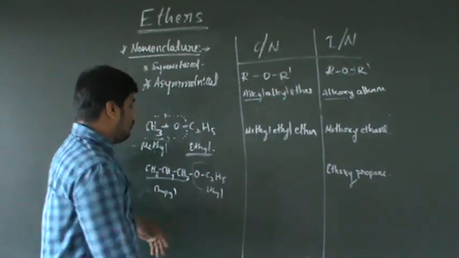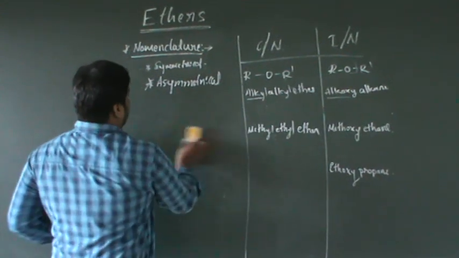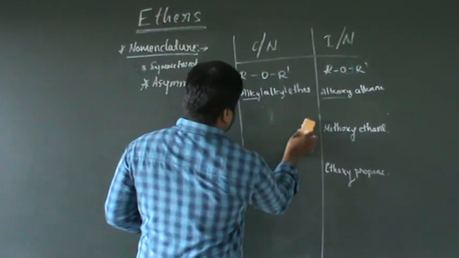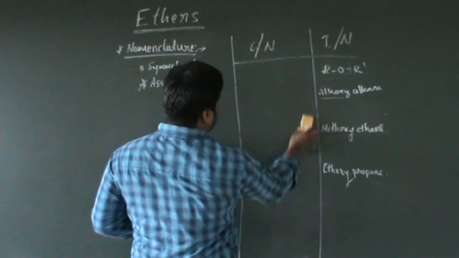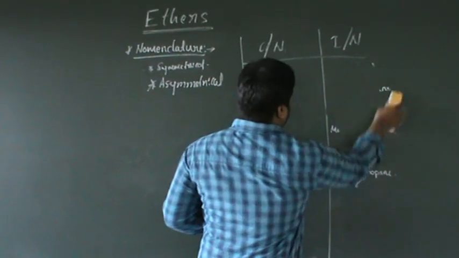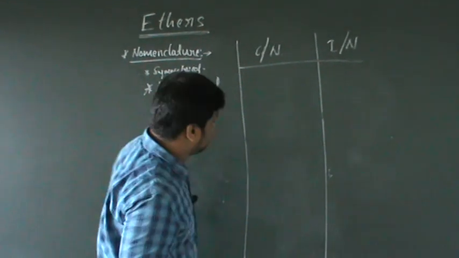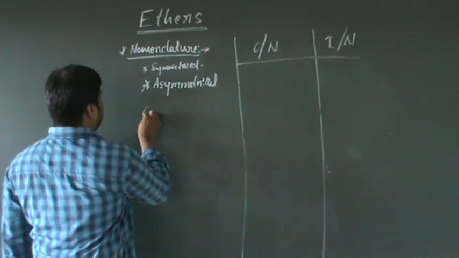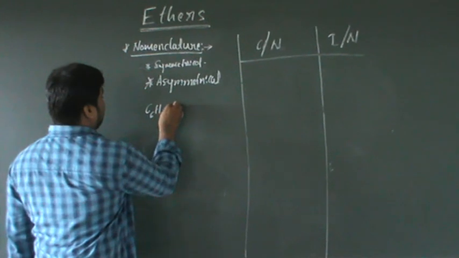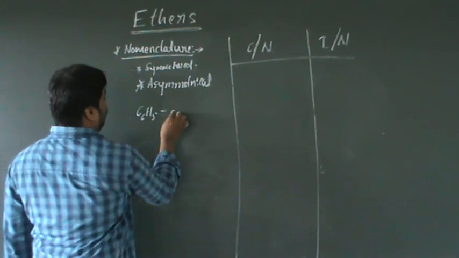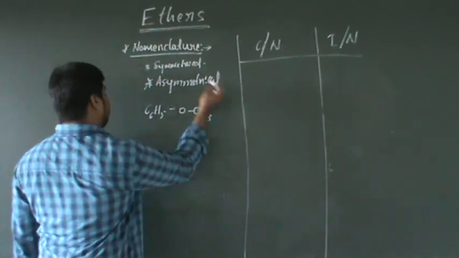Next, we move on to aromatic ethers. I am considering one example, C6H5OCH3.